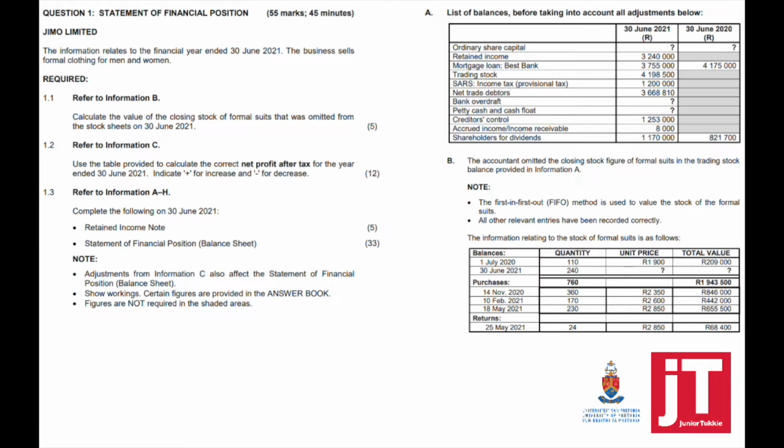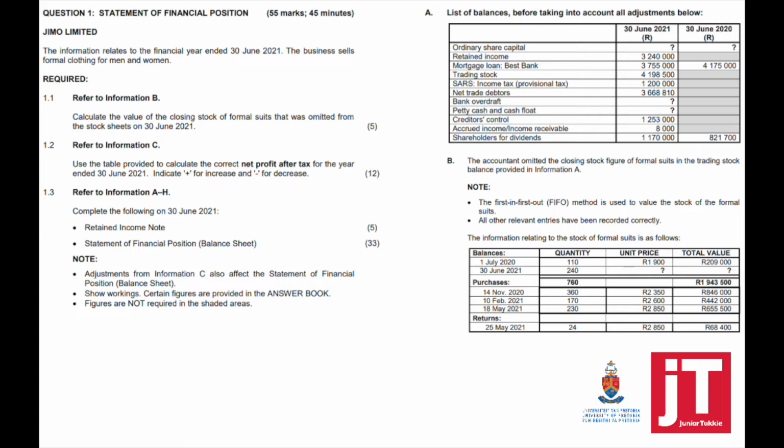Now, if you look at question 1.3, it says refer to information A to H and complete the following on 30 June 2021: the retained income note and the statement of financial position, the balance sheet. So this means that if I'm doing adjustments, we not only need to look at what corrections need to be made when calculating the correct net profit after tax, but also what influence that will have in your balance sheet.